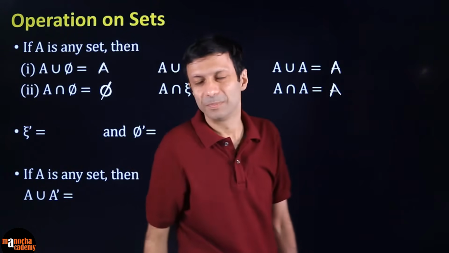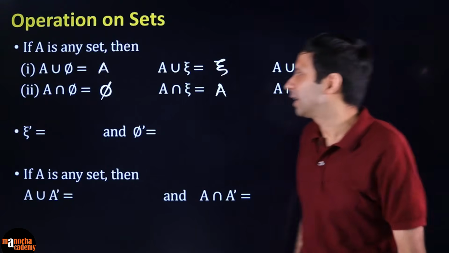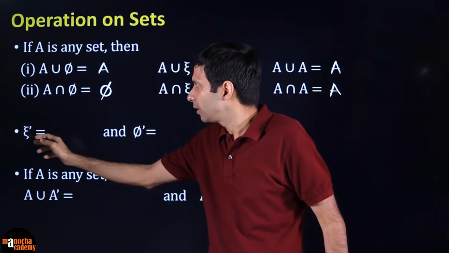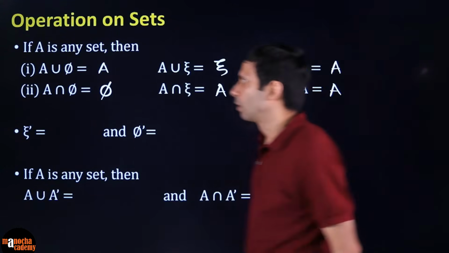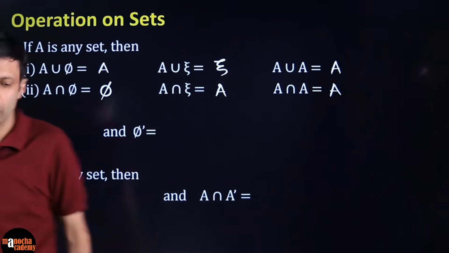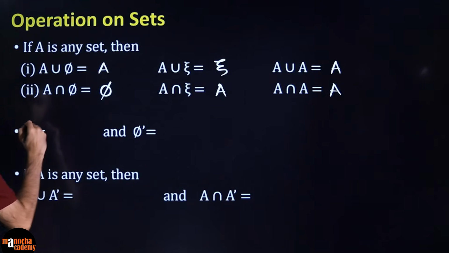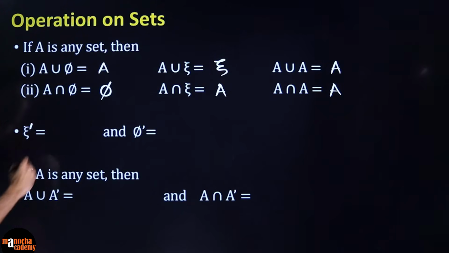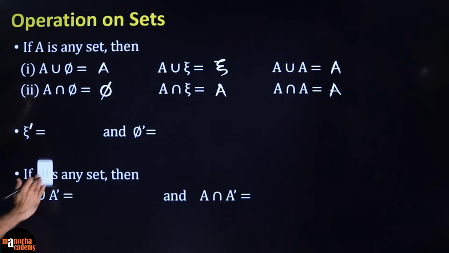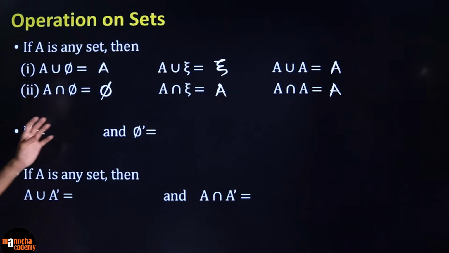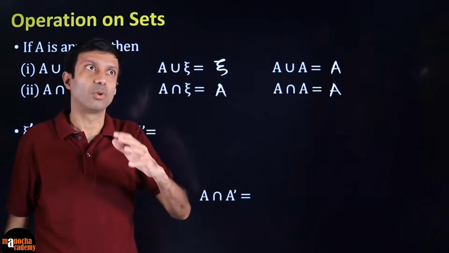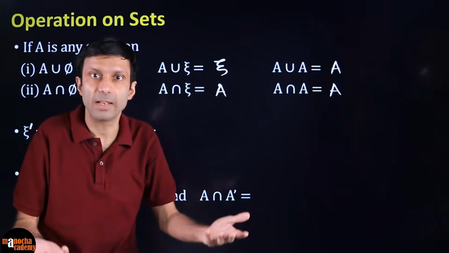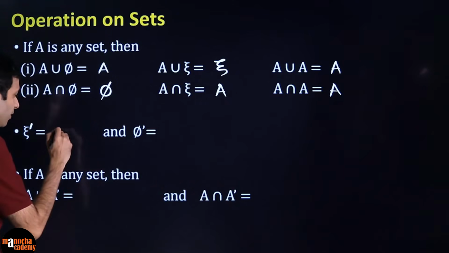So very simple. Now what if I ask you what is the complement of the universal set? I'm not sure if you're able to see this dash clearly here. There's a dash here which we call the complement. Either you can put a bar or you can write a C. So the complement of the universal set: we have already taken all the elements, so what lies outside it? Nothing. So this is basically going to be null.